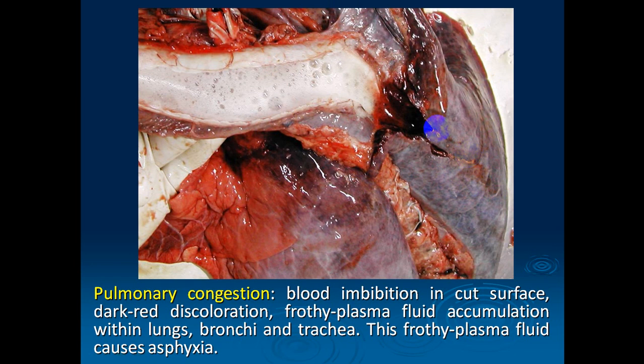And if the edematous fluid is quite much, the fluid will be mixed with air and make a frothy fluid appearance, bubbles like this, that we can also find in the large tracts of the respiratory system, for example in the trachea or bronchus.